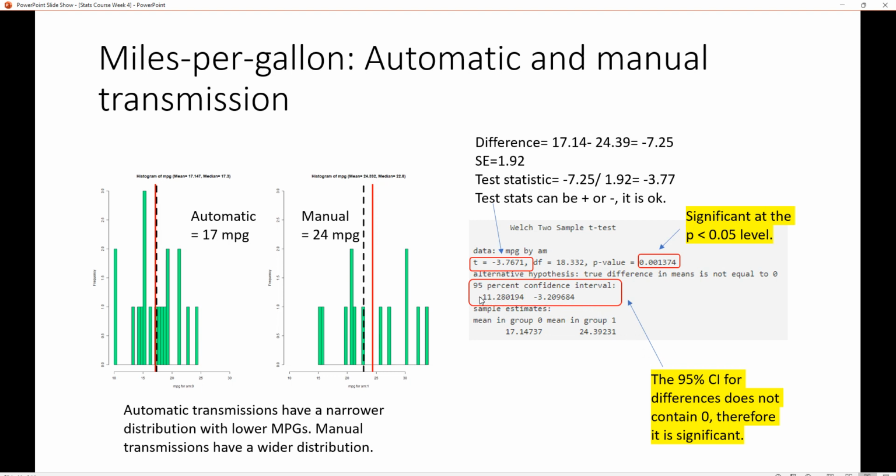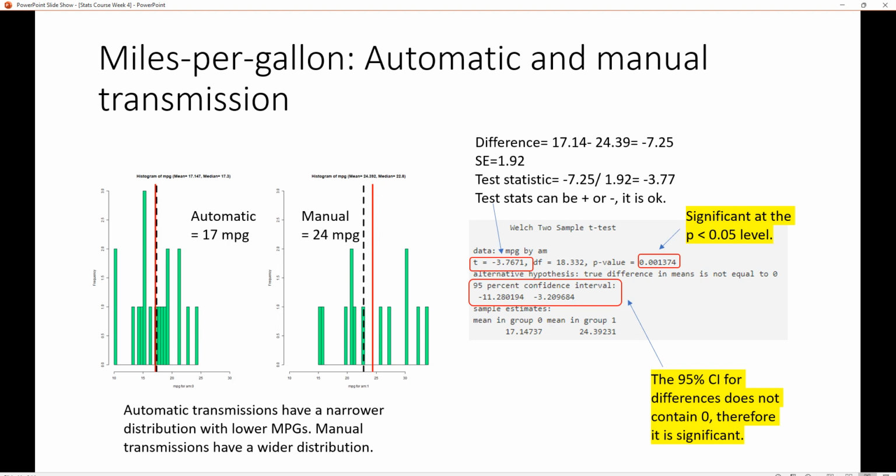You'll notice that for this range of differences, they're all negative, meaning that for our groups, the automatic transmissions would have a lower set of miles per gallons.